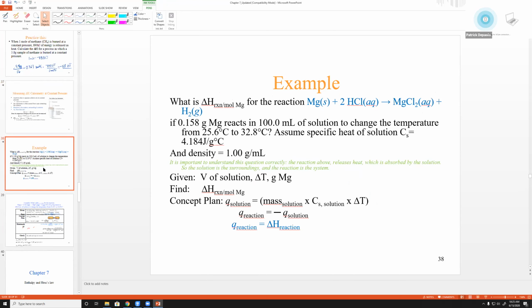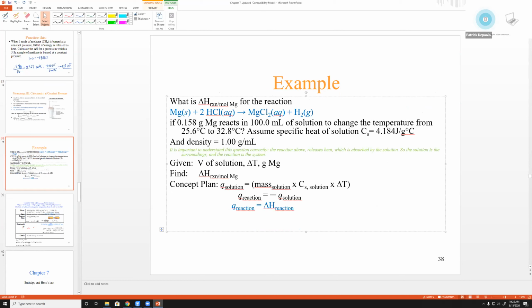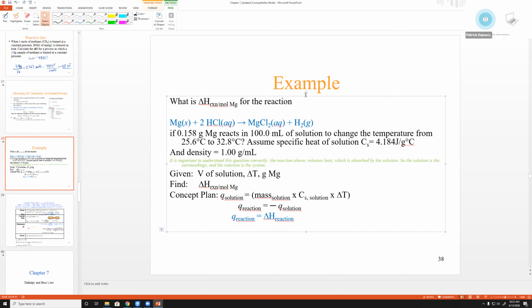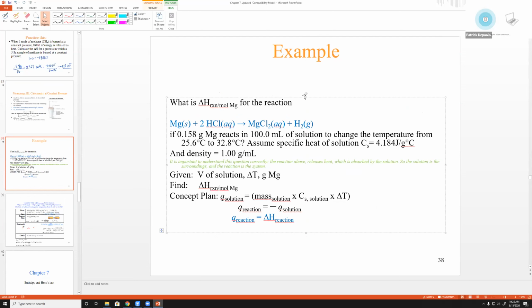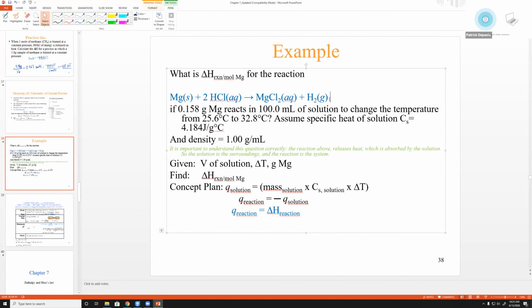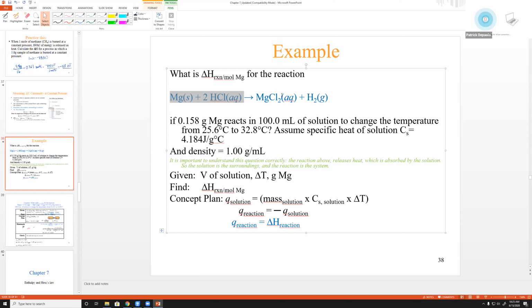But whatever. So we could do this example. What is delta H of the reaction per mole of magnesium for the following reaction? This looks pretty sloppy, so I'll do this. You have this reaction with magnesium reacting with hydrochloric acid to create magnesium chloride and H2.